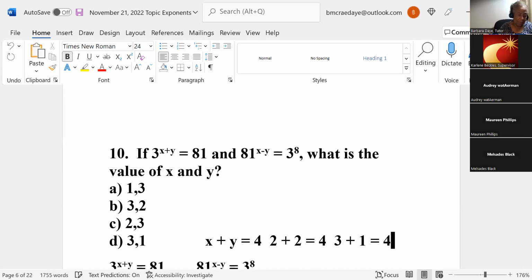Because if X is 2 and Y is 2, then X minus Y is what, Mercedes?